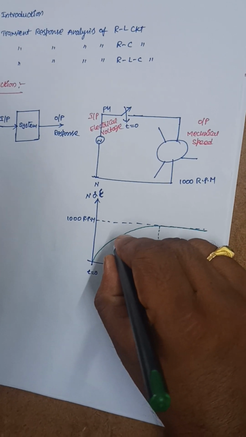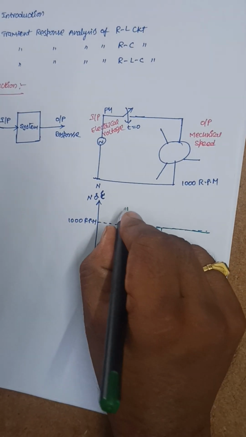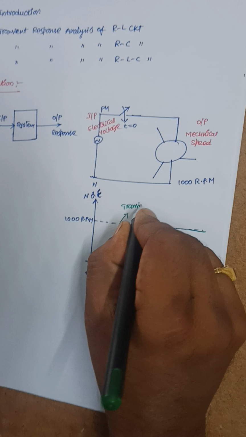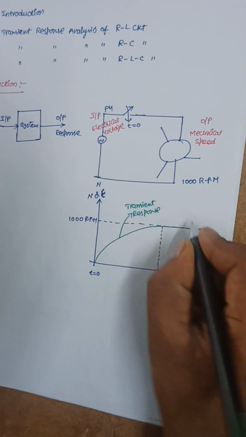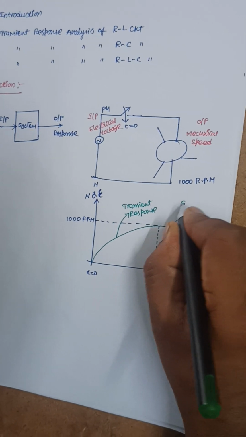This part of the response is called transient response. This part is called steady state response.